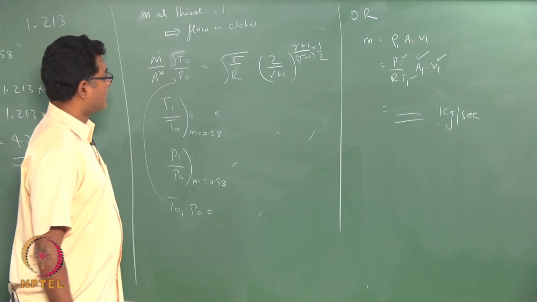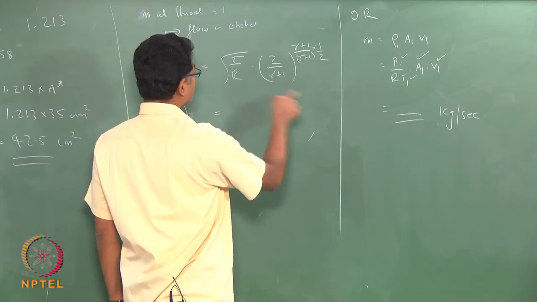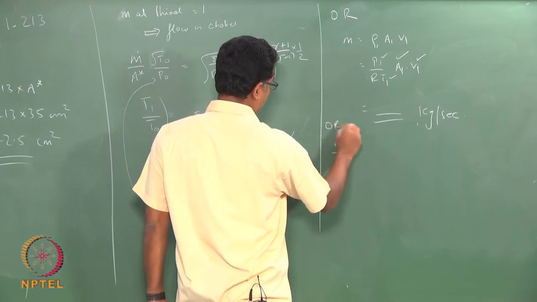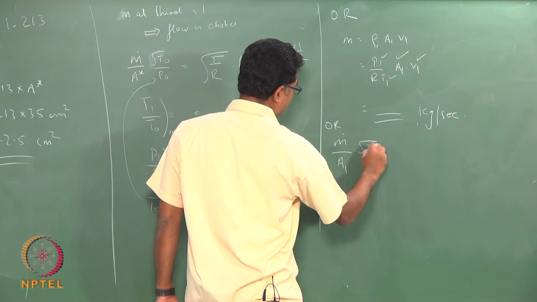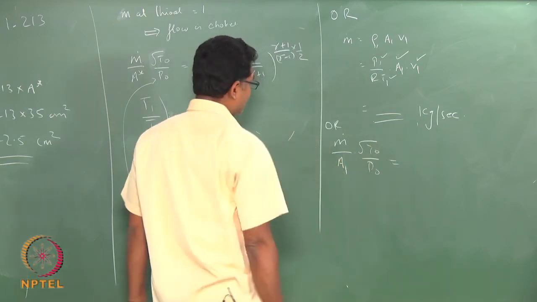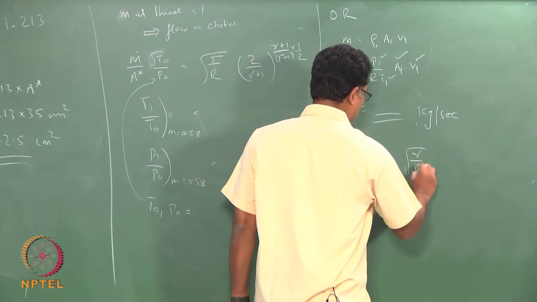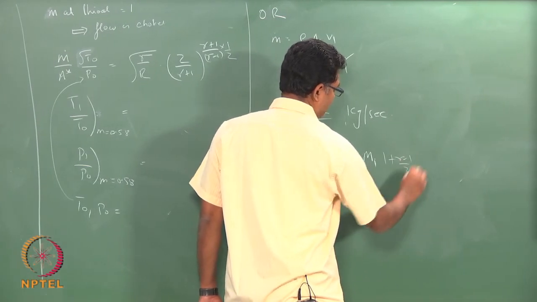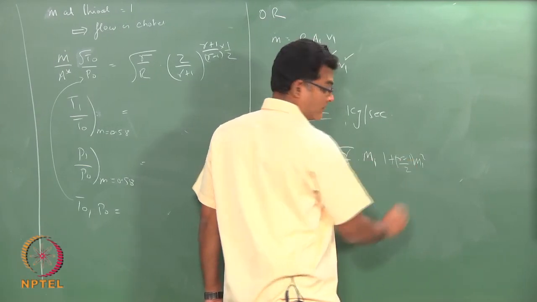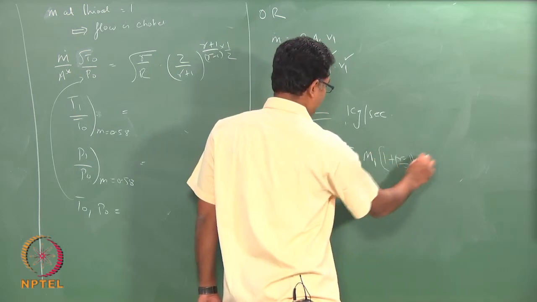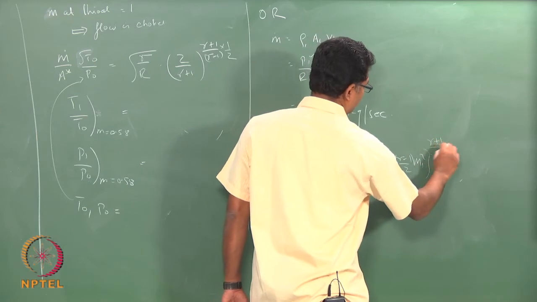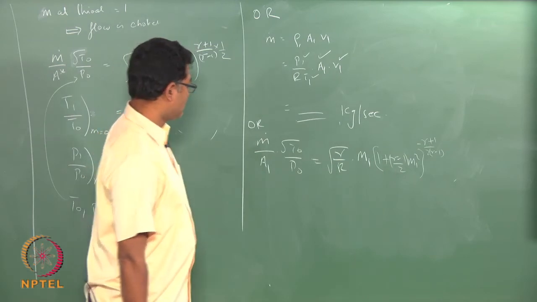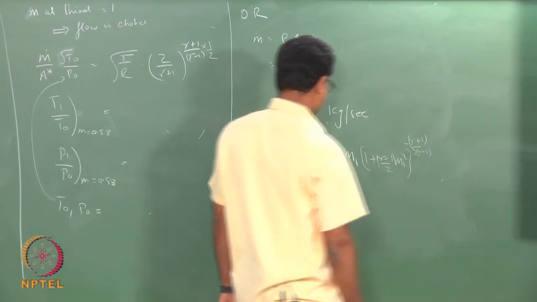Otherwise, since the Mach number at station 1 is known, that also can be used. So, m dot by A1 into T0 by P0, then you have a relation for M1: (1 plus gamma minus 1 by 2 M1 square) to the power of gamma plus 1 by 2 gamma minus 1, times the appropriate factor with gamma plus 1.